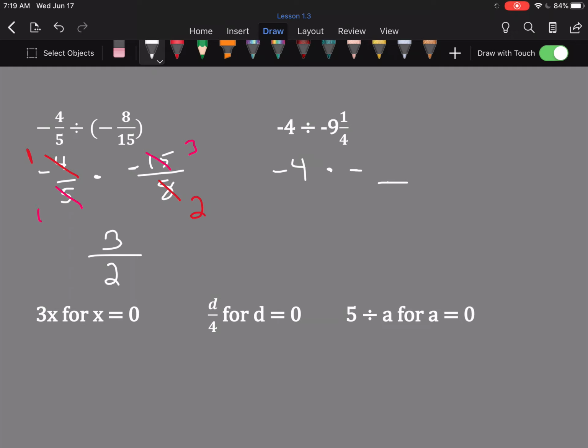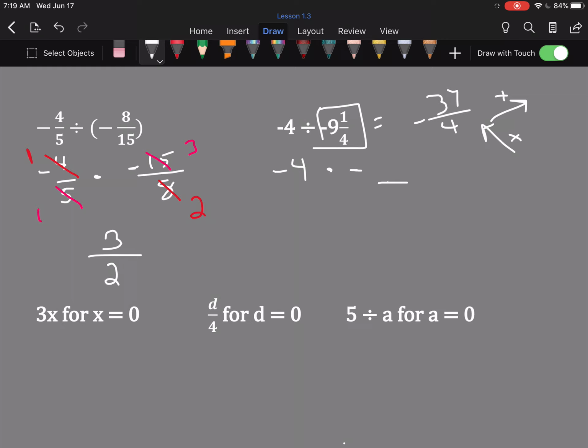So, to change to an improper fraction, you need to remember we have to multiply upwards, turn, and then add. So this fraction right here is the same thing as negative 4 times 9 is 36, plus 1 is 37.